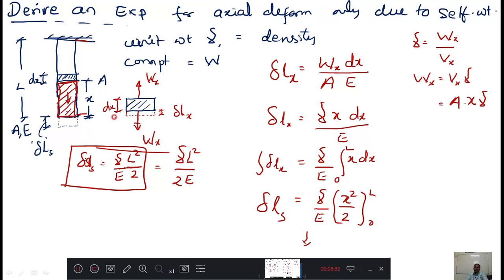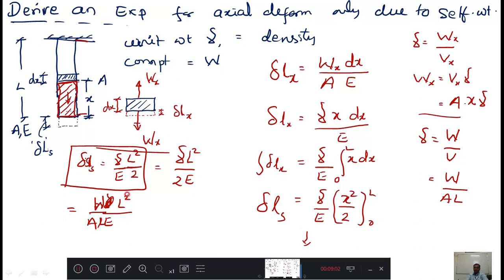Now what is gamma? If I want to convert to the entire weight, the same formula I will use: gamma equal to total weight divided by total volume. Then total volume is what? Total volume is area into length. Now if I substitute here, in the place of gamma I need to write W by AL.